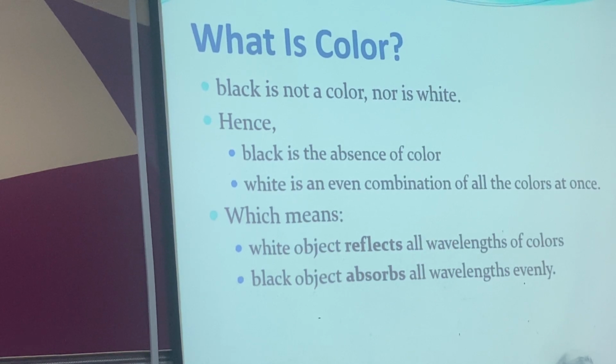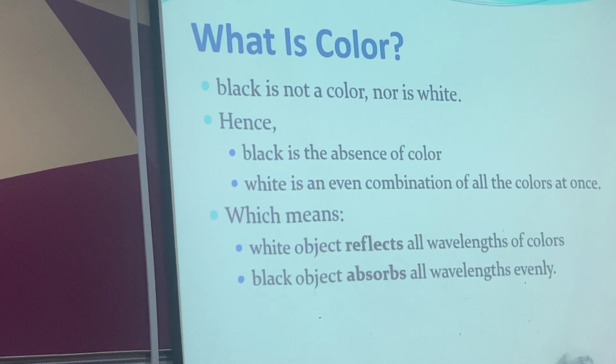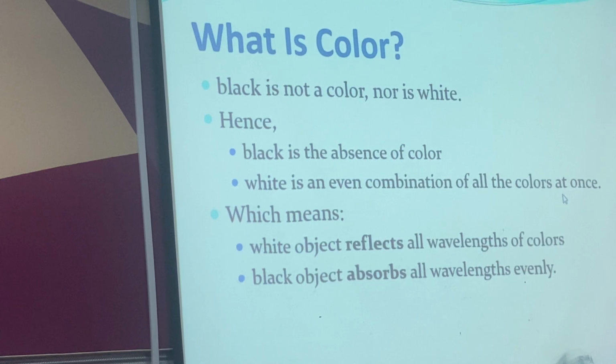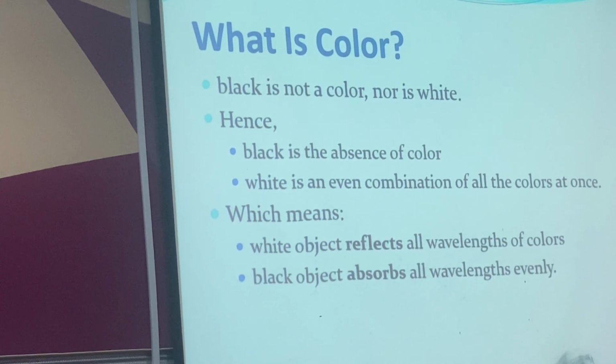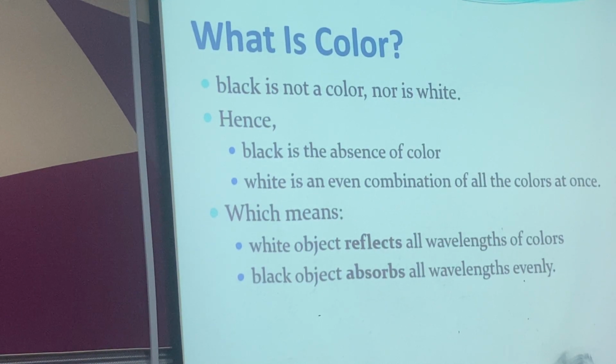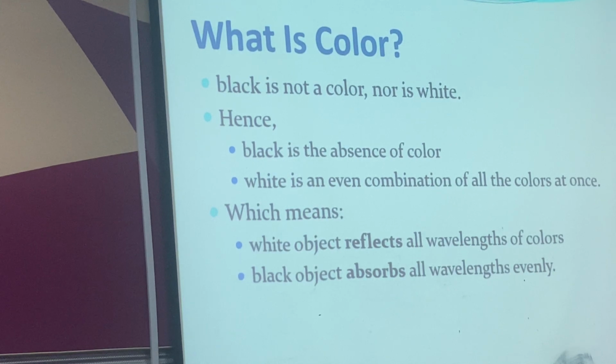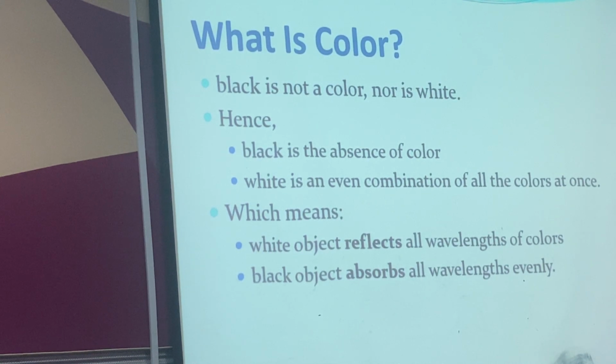White is the even combination of all the colors together. That's why in RGB, if you have no colors, 0, 0, 0, you get black. When all the colors are even, 1, 1, 1, you get white. When you want to see color, you must have light. No light, you cannot see. You go inside a room without any lights at night, you cannot see anything, you even cannot see yourself.